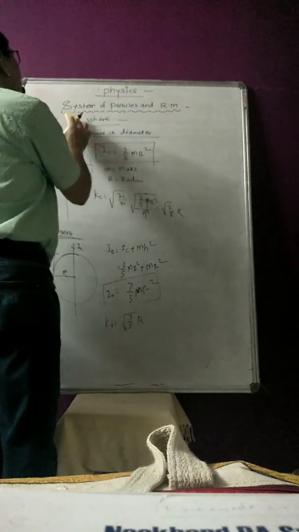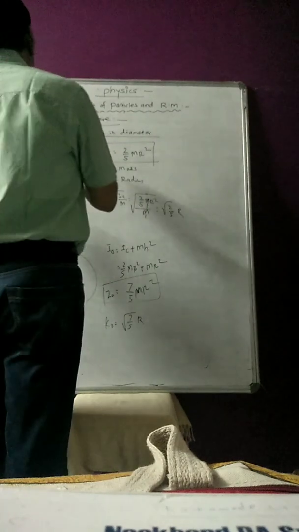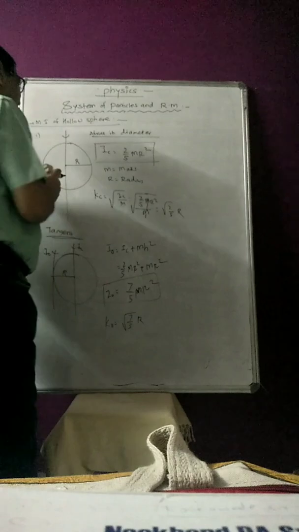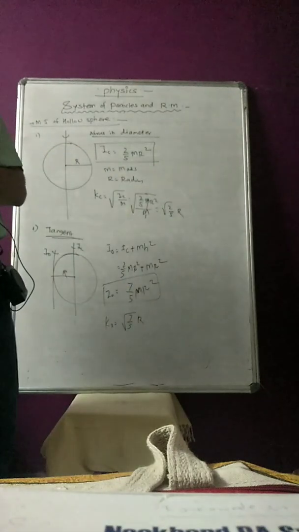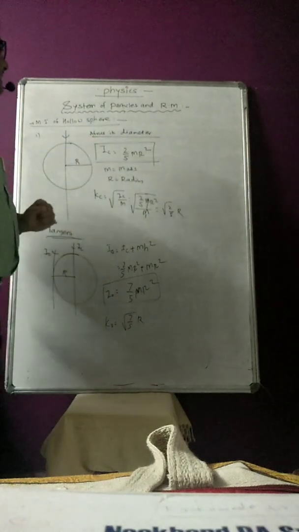Similarly, we can calculate the moment of inertia of a hollow sphere. Here again we want to calculate two axes: about its diameter and about its tangent.